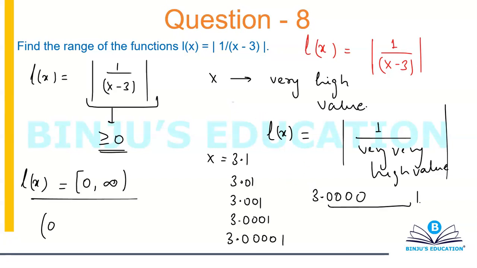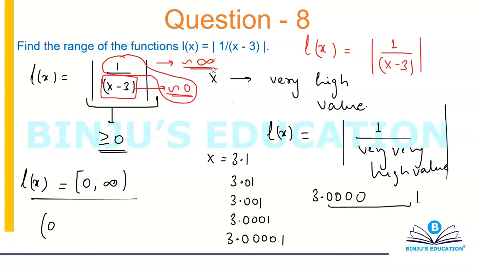Which means x minus 3 will be approximately equal to 0, very, very close to 0. So the overall fraction, 1 divided by approximately 0, will be approaching infinity.